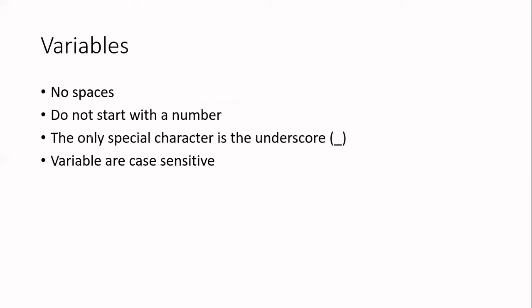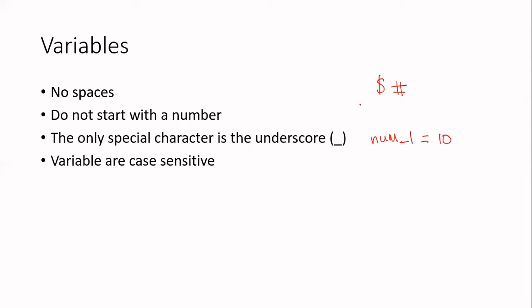When you are naming your variables, make sure you don't have any spaces. Do not start with a number. You can have numbers in it, but do not start with a number. And if you're using any special characters, make sure you use the underscore. For example, you can create a variable num_1 equals 10. That is acceptable. But don't use any special symbols like the dollar in your variable name or the hash.